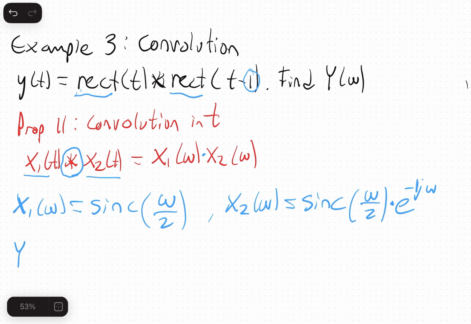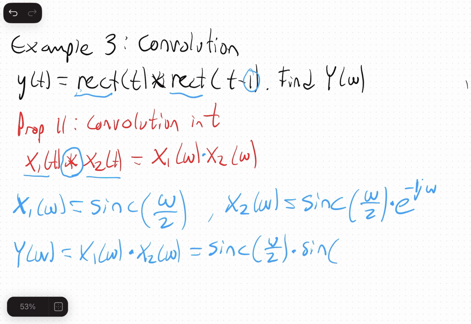So Y of omega is just going to be X1 of omega times X2 of omega. Meaning, in here we'll just be multiplying sinc of omega divided by 2 times sinc of omega divided by 2 times e to the negative j omega.